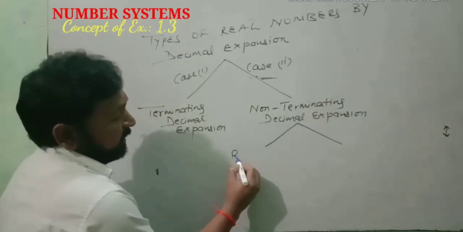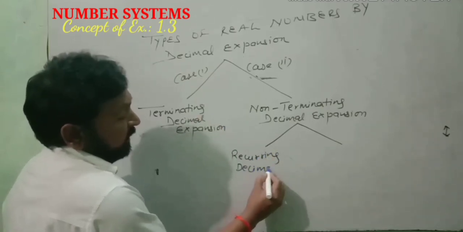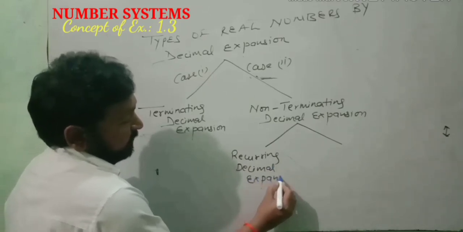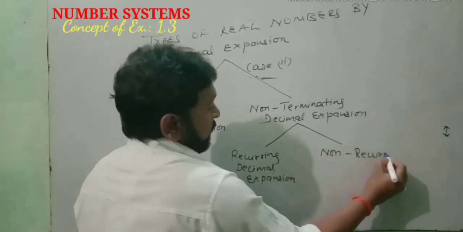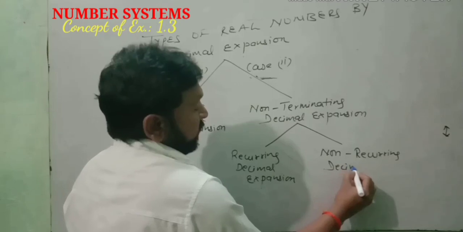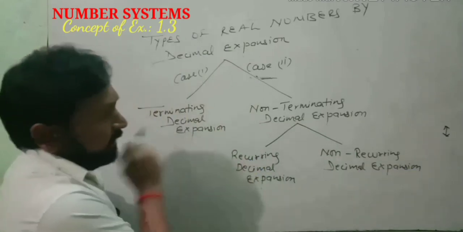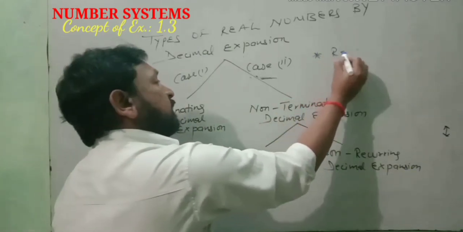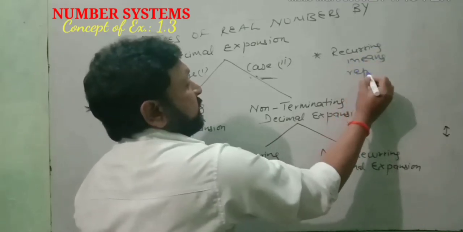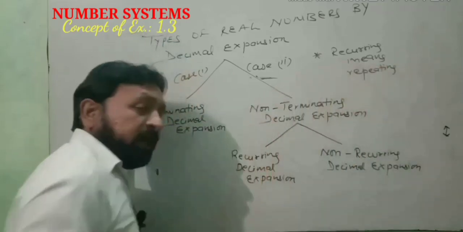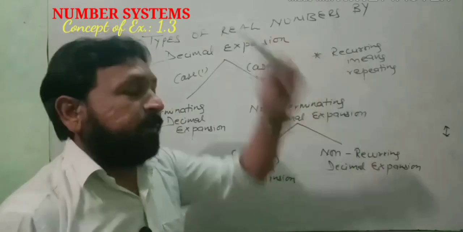I will say it is recurring decimal expansion, or I will say it is non-recurring decimal expansion. See the meaning of recurring. You know what the word recurring means? Recurring means repeating. So it is understood that non-recurring means non-repeating.